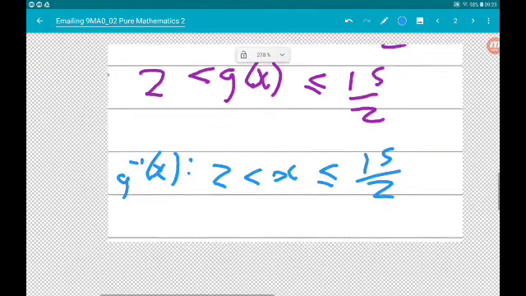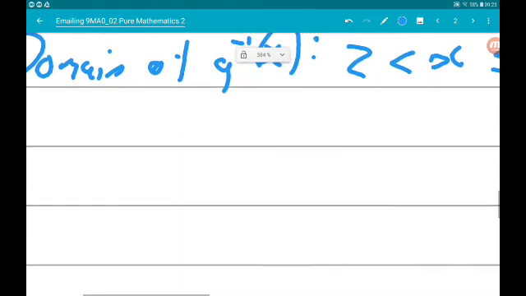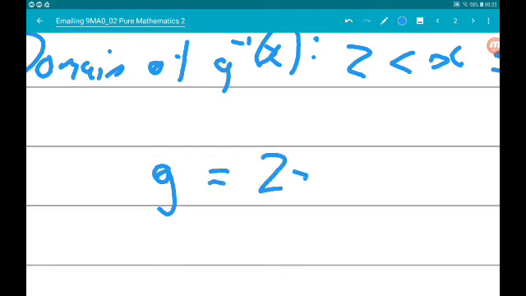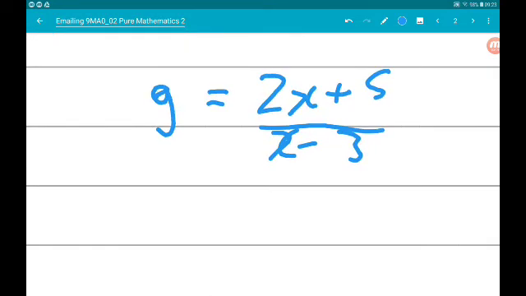Okay, so now to find the actual inverse. So we know, I'm just going to call it g now, is (2x + 5) over (x - 3). Now what we want to do from that is make x the subject and then swap g and x, so g is now inverse g.